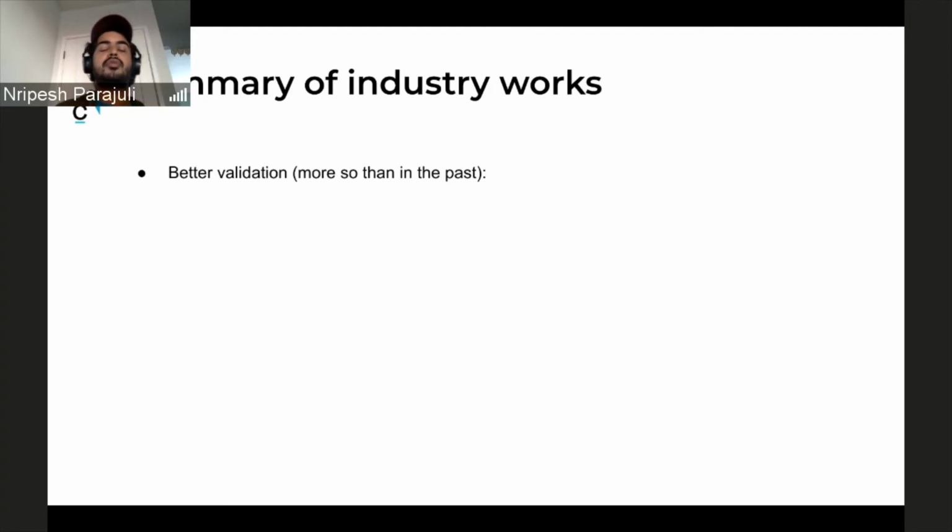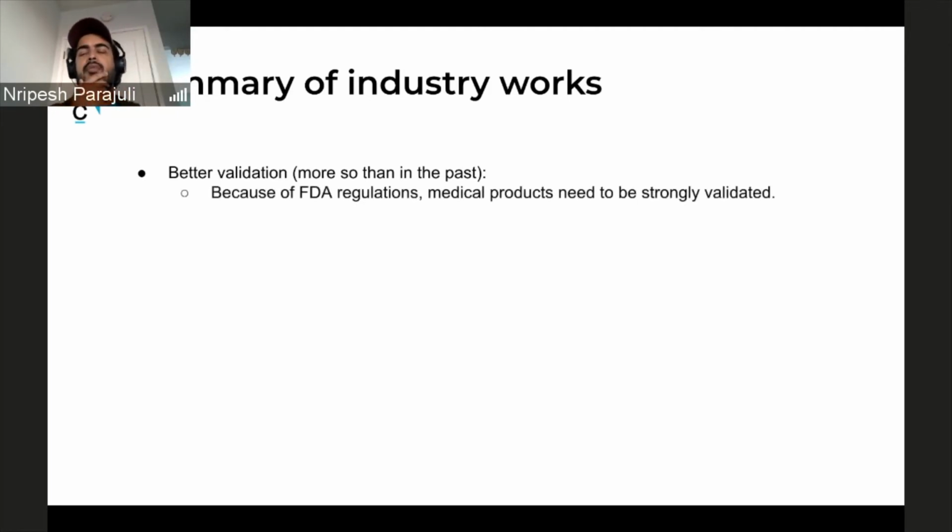But in general, there's better validation, and of course you have to submit your results to the FDA. I think companies are also getting better at producing scientific literature, contributing the evidence, using that evidence to write scientific papers and basically inviting peer review and critique on their approaches and methods, right?